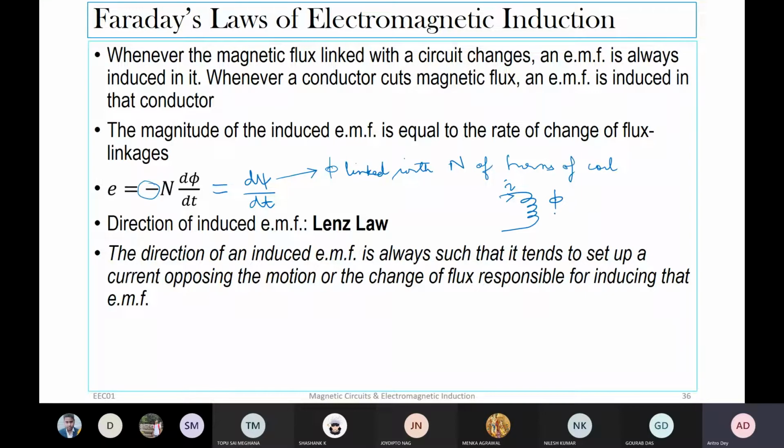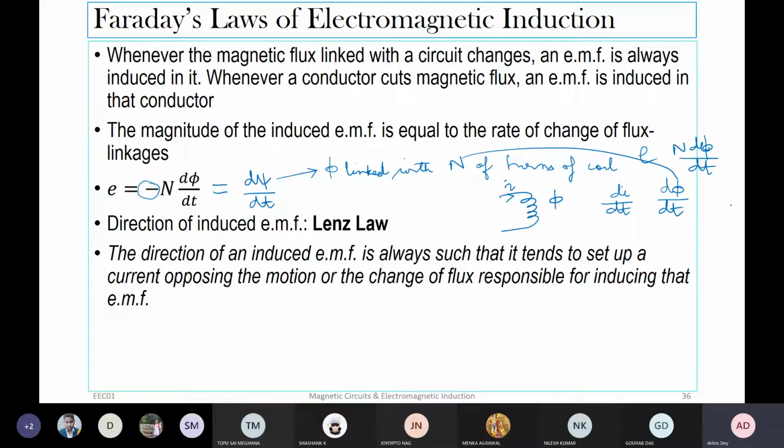Whenever this current is changing, whenever there is a di dt, then due to the change in the current value, phi will also change. So d phi dt will develop, and that will link with N number of conductors. So N into d phi dt will generate an EMF.